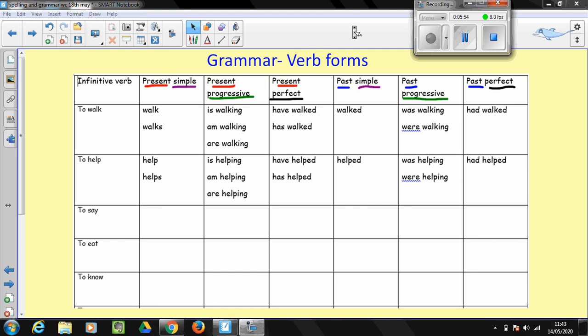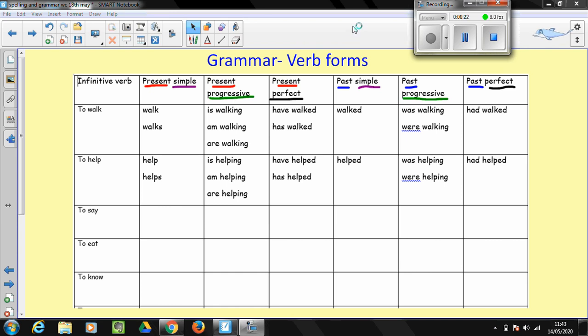Have another go with the infinitive verbs to say, to eat and to know. Be careful because they all have irregular past forms. You don't just add ed. For example, present simple for to say is say or says. Present progressive is saying, am saying, are saying.